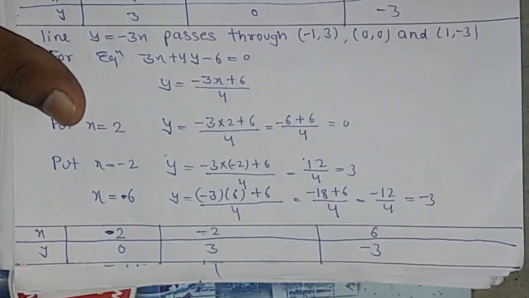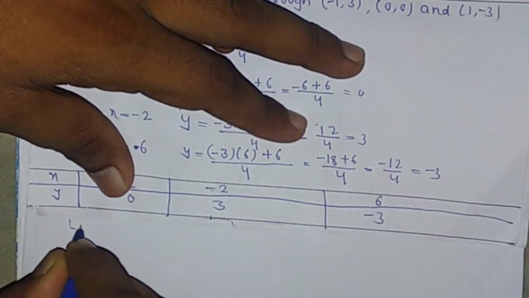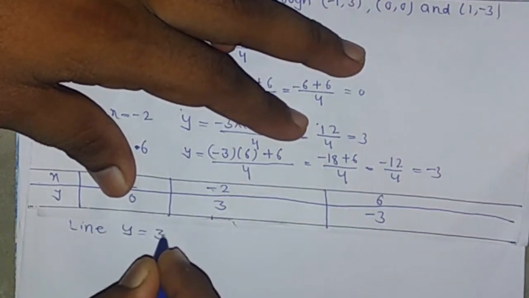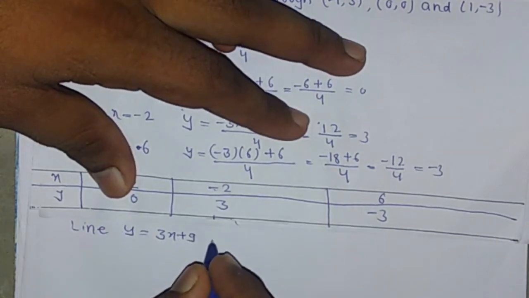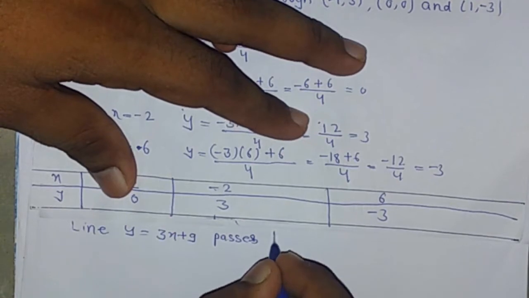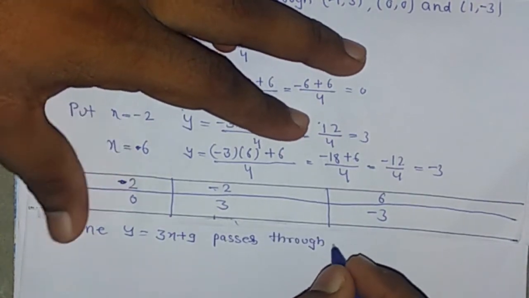Now line y equal 3x plus 9 passes through 3 points.